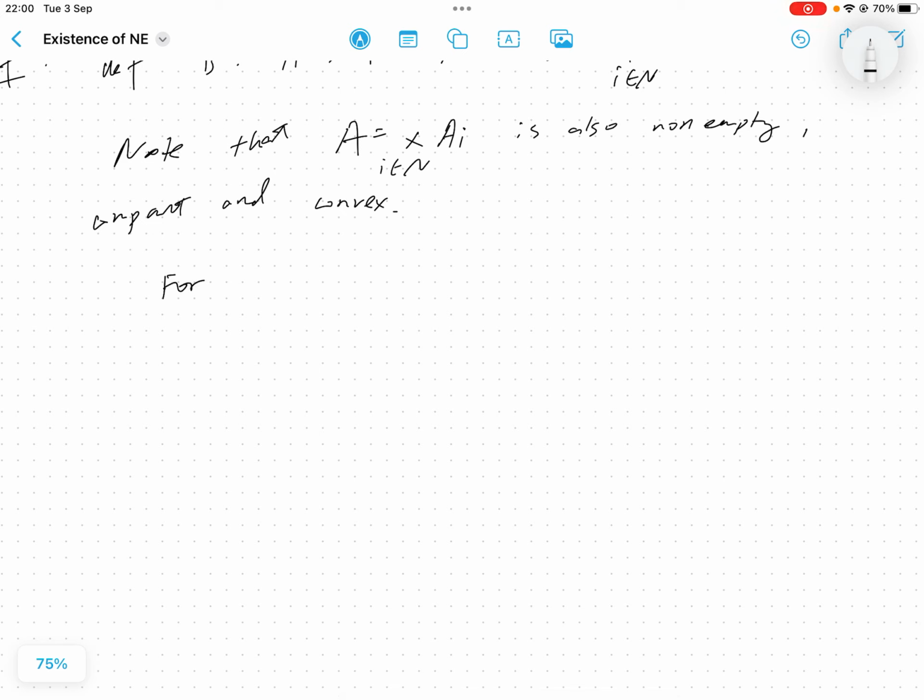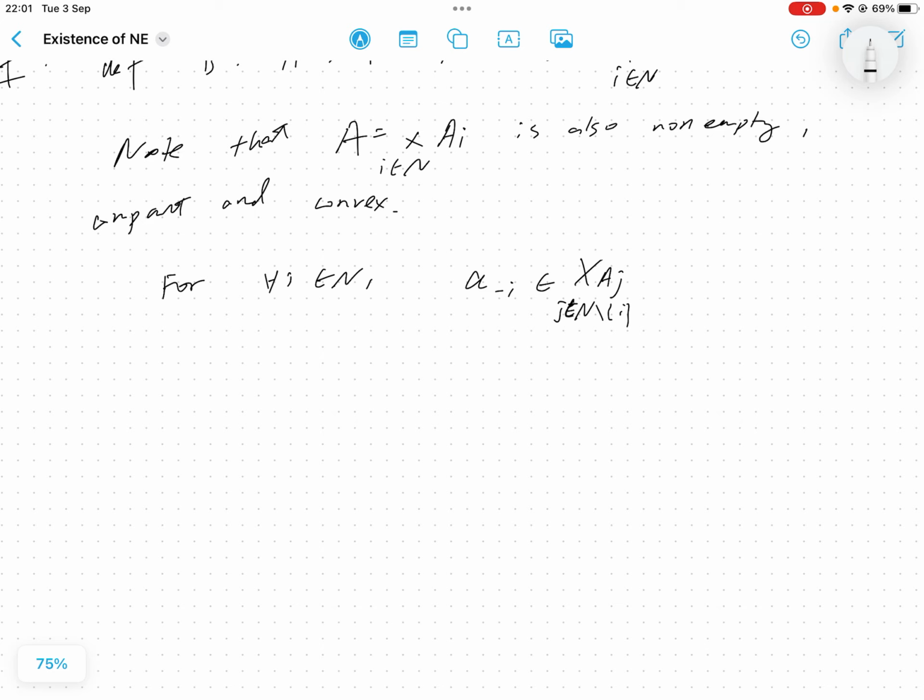For all the i's in N, a_{-i} is an element of the Cartesian product of the A_j's, where j is an element from N but without player i. So that's the meaning of a_{-i}. We have already defined that previously.